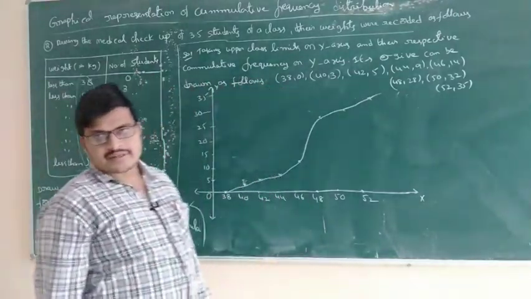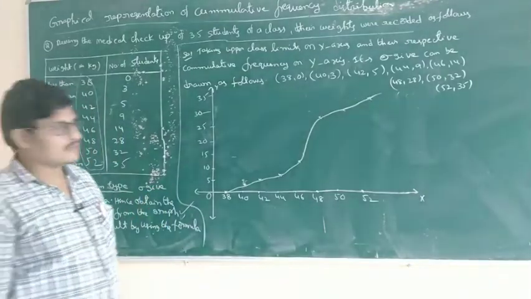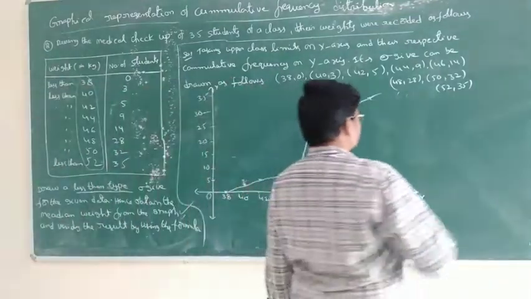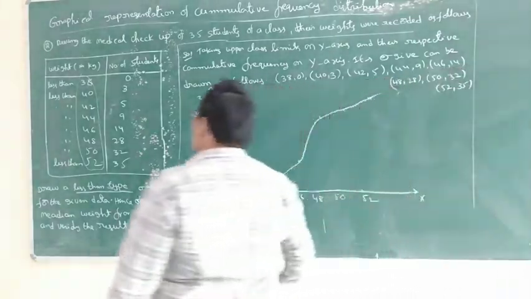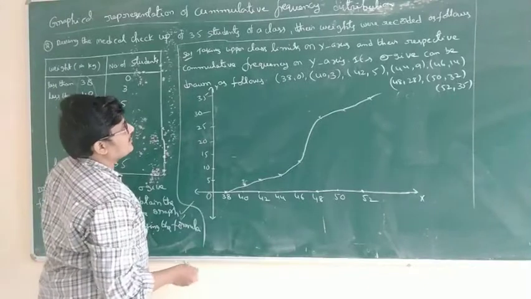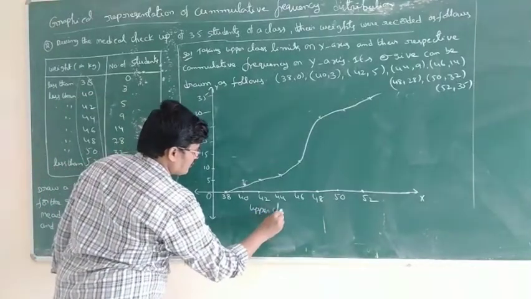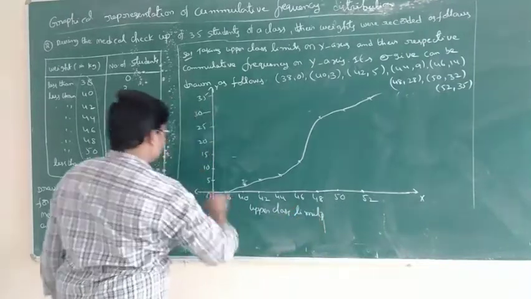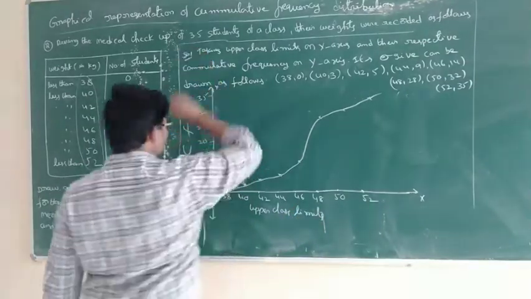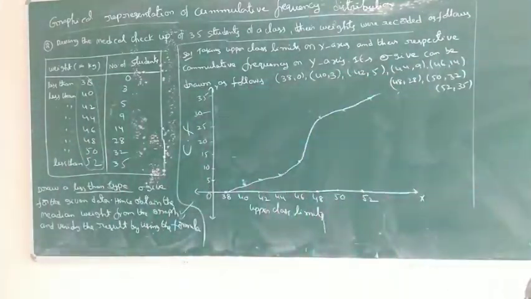Maximum, we have to try to draw the graph on graph paper. This is the less than type, with upper class limits and cumulative frequencies. So one part is completed.